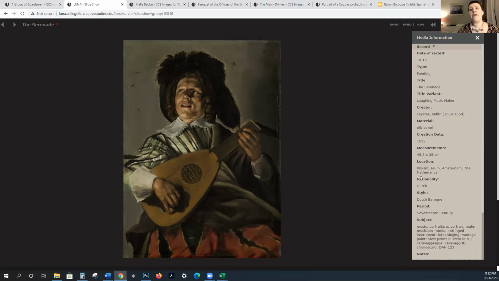And so what you have to understand is that along with moralizing, a lot of the images that we're going to see have an underlying message that is related to often either sex or death. Okay, and so believe it or not, musician images are related with sex.